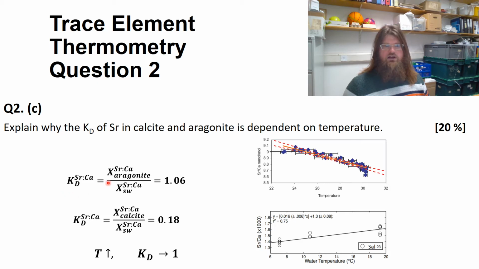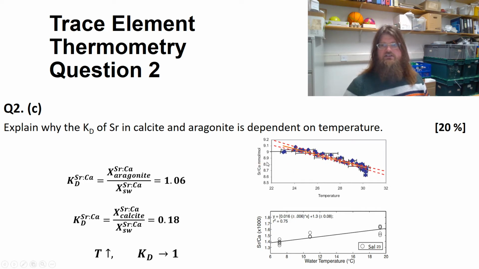KD for aragonite, strontium incorporation into aragonite, is a bit above 1. So actually, strontium preferentially goes into the aragonite structure. But at higher and higher temperatures, this tends towards 1. So we tend to get less strontium incorporation as we go to higher temperatures.